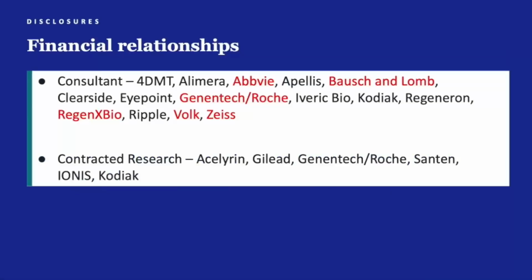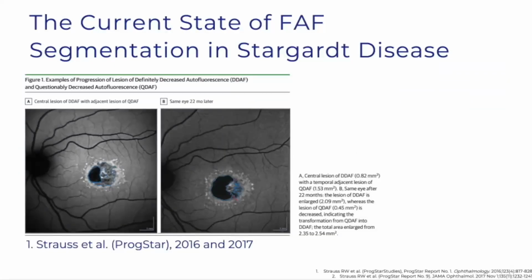None of my financial disclosures are relevant. So the current state of FAF segmentation, and not just Stargardt disease, there are multiple diseases, is manual segmentation with some semi-quantitative additional features. When we look at segmentation in Stargardt's disease, there's this definition of DDAF and QDAF, defined as definitely decreased autofluorescence or questionably decreased.